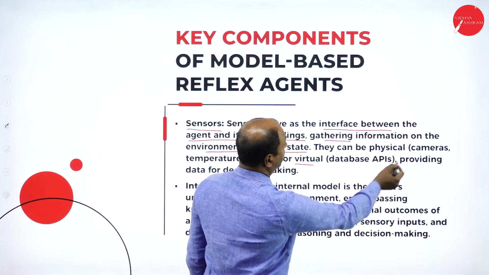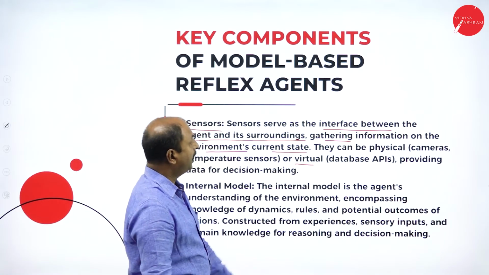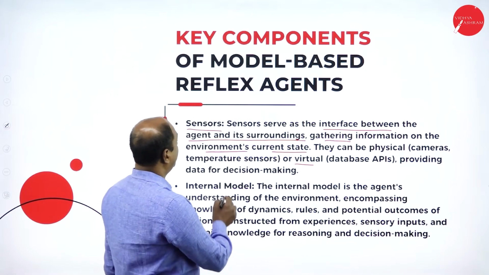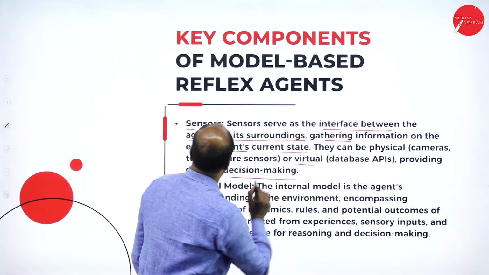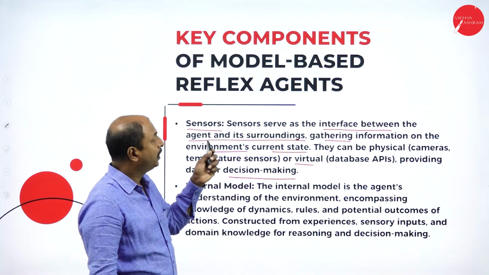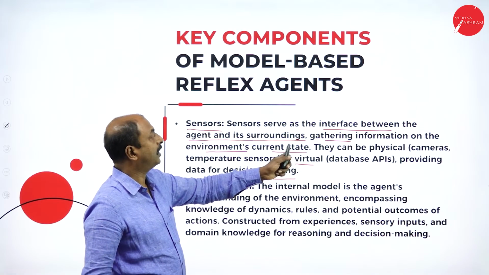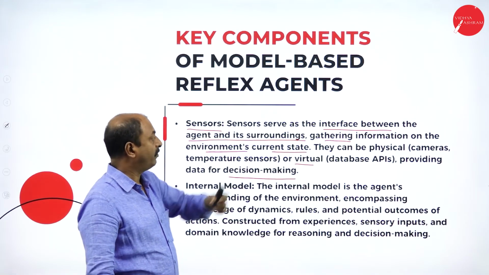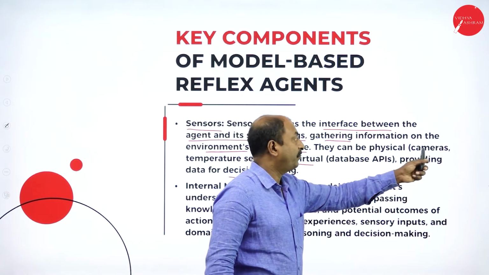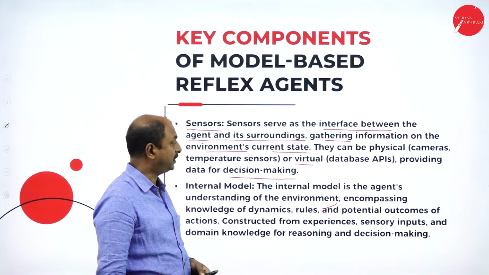If I say physical, it can be camera, temperature sensors, and so on. And for virtual, an example may be database APIs providing data for decision making. So a sensor is a part of the AI system. It is an interface that accepts current data, or gathers the data from the environment. And data can be from physical devices or from different database functions.